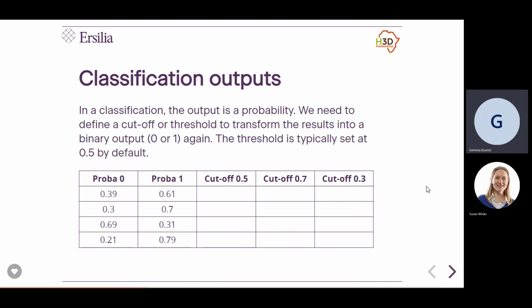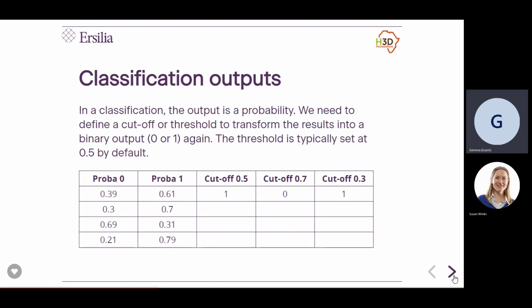So, first molecule. These are the probability of 0 and the probability of 1. If I set a cutoff of 0.5, is the output a 1 or a 0? If I set a cutoff of 0.7 and a cutoff of 0.3, okay, so we have a 1, a 0, and a 1.